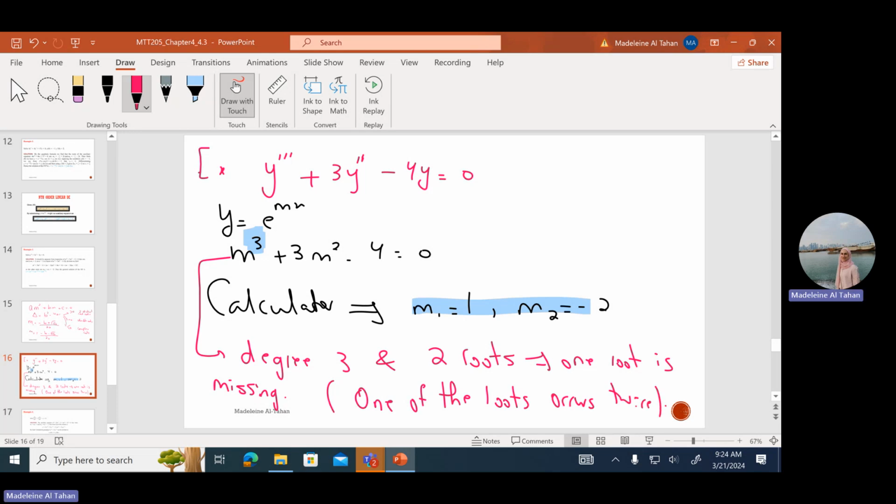We need to know which root occurs twice. Any questions so far? Please think about which root should be occurring twice.